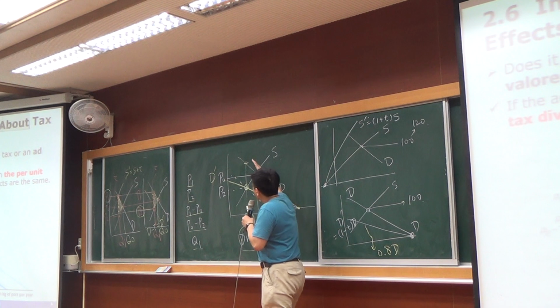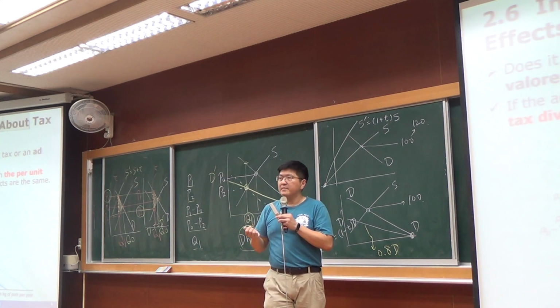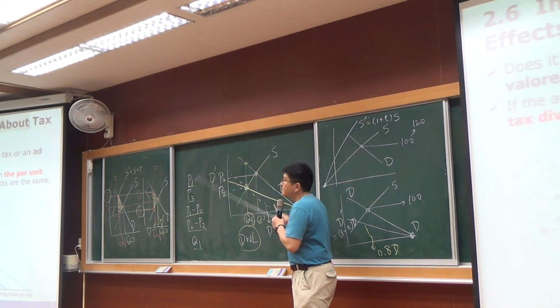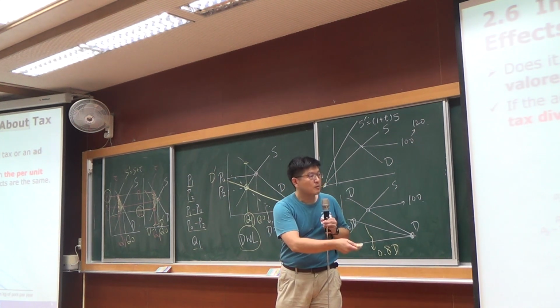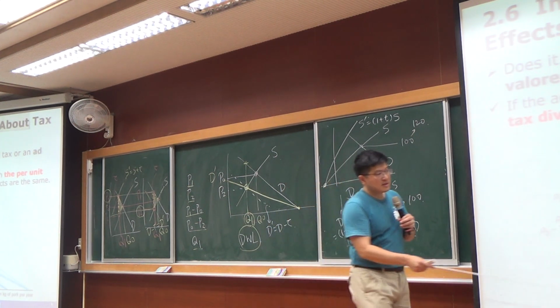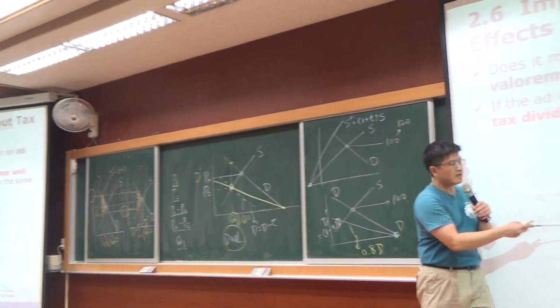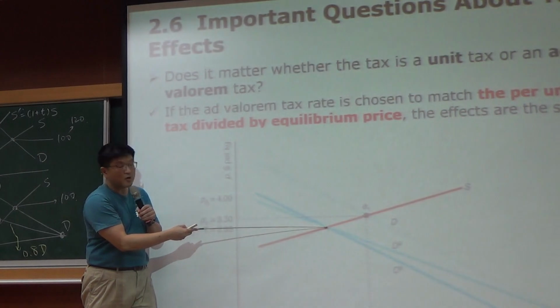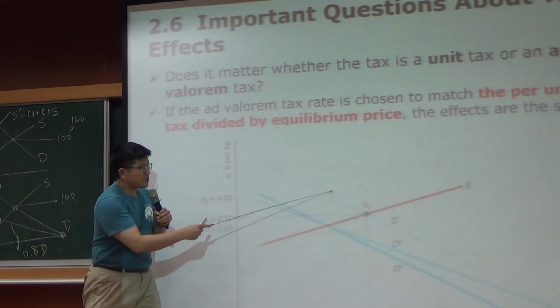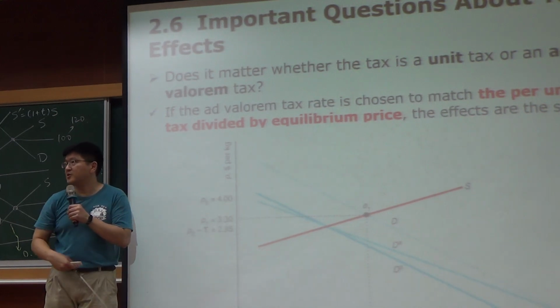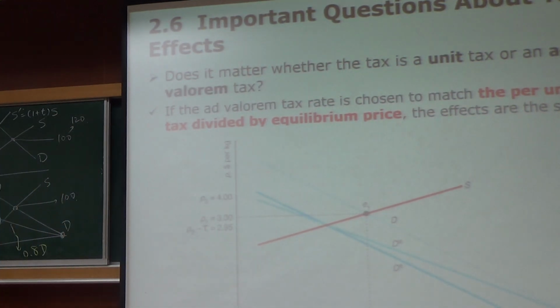But what kind of tax rate may we choose to make it the same? You just have a new demand curve going through these points and proportionally downward, right? It's a rotation, just like what I'm drawing on the blackboard.